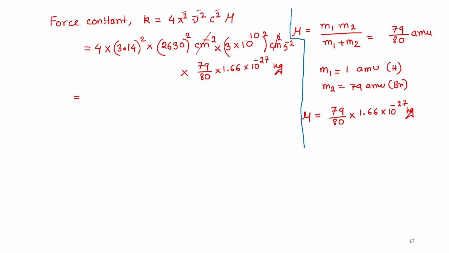4 into 3.14 whole square multiplied by 2630 square of that, multiplied by 3 into 10 to the power 10 square of that, multiplied by 79 divided by 80, multiplied by 1.66 multiplied by 10 to the power minus, oh, not 24, 27.